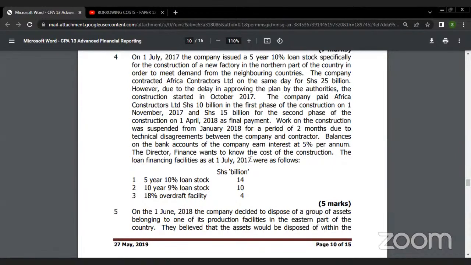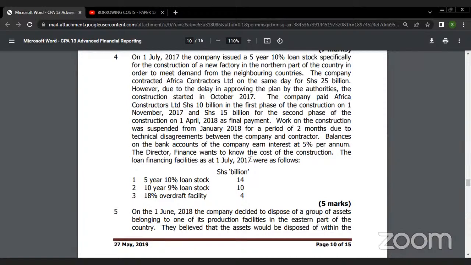However, one thing you need to know is that in this scenario, you have two categories of borrowings. We have the specific borrowings as well as the general borrowings. But don't forget that the construction work is expected to cost 25 billion. Out of the 25 billion, they already told us that the 5-year 10% loan stock is a specifically borrowed fund.